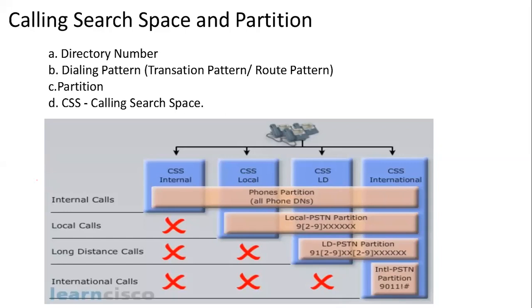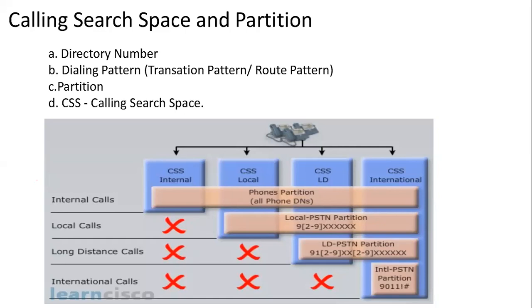The concept here is called a class of restriction, where we want to restrict and allow, based on the administrator of that particular site, who will be able to dial which number: who will be able to dial internal numbers, and who can reach international calls.